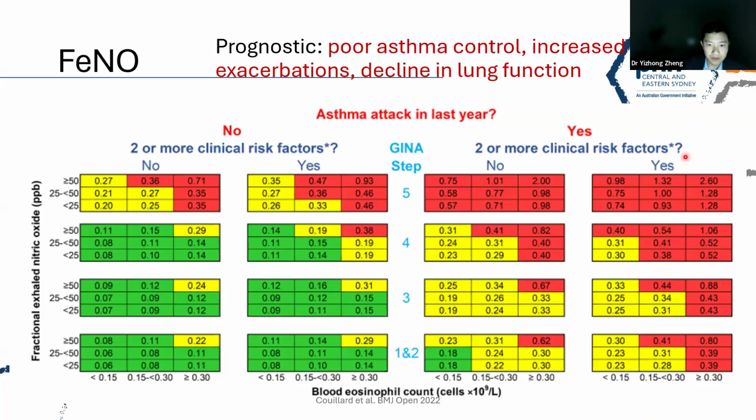Used with clinical factors, their eosinophil count, and their fraction of expired nitric oxide, it can predict their risk of future severe asthma attack, and can be incorporated into treatment decisions or monitoring. It can also predict lung function decline and future poor asthma control or loss of control.